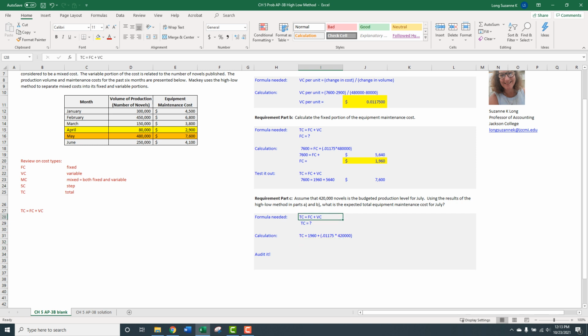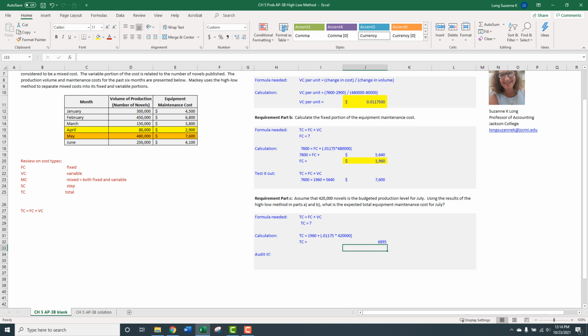Keep it simple. Total cost, fixed cost, variable cost. And then run your numbers, so to speak. I'm copying and pasting, and then I'm cleaning it up so that Excel can run that formula for me.